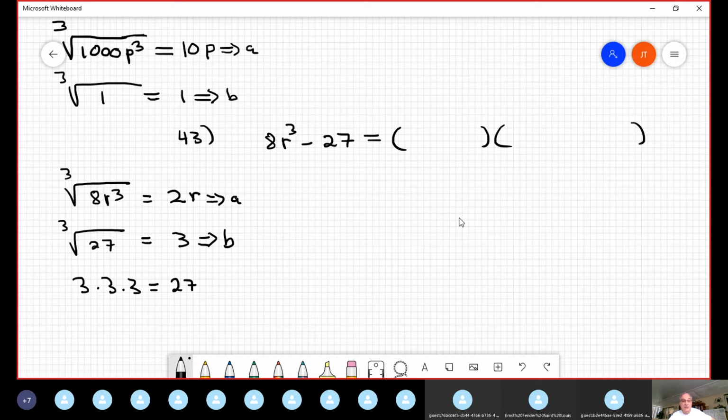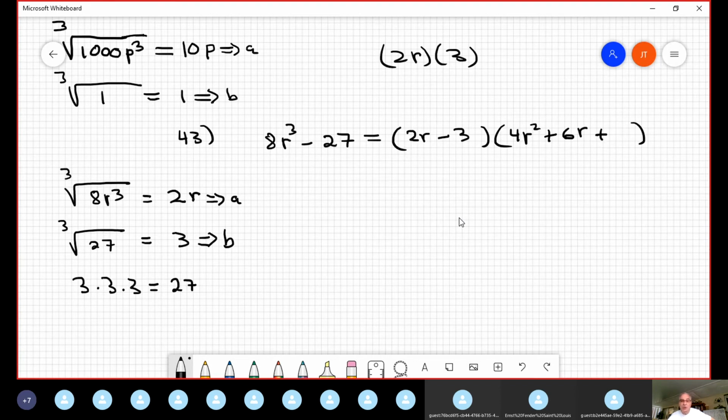Open two parentheses, 2R minus 3. Square: this guy is 4R squared plus 6R, which comes from the multiplication of 2R and 3. Then plus 3 squared is 9. Final answer.